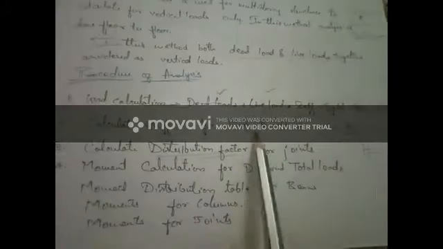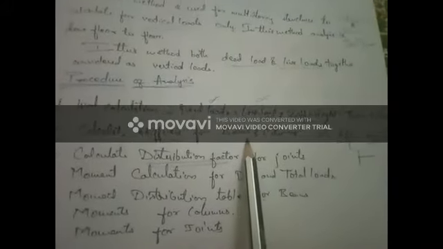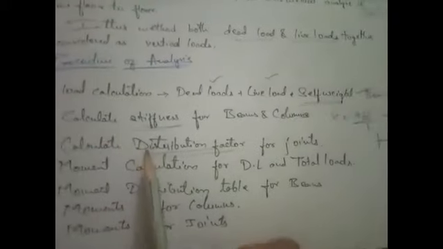In the same manner, we are supposed to calculate the stiffness for the members in each joint, that is beams and columns, and then calculate the distribution factor for the joints.